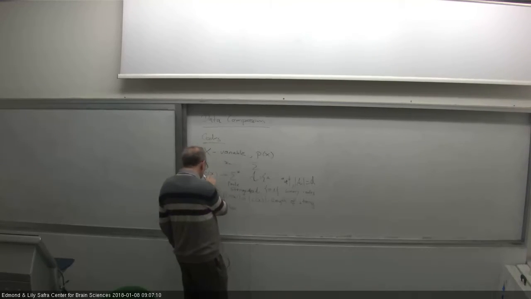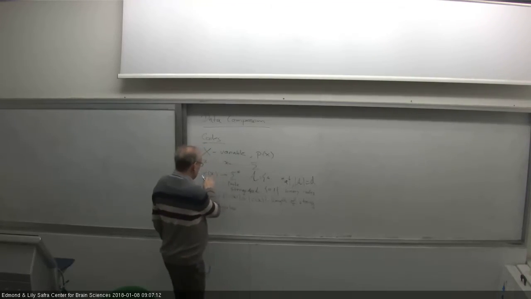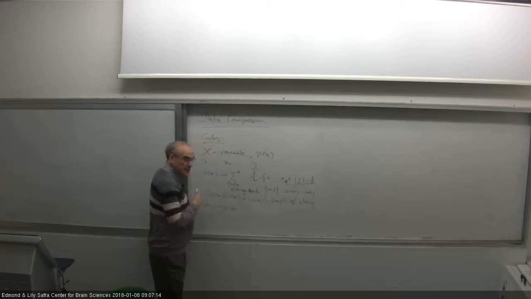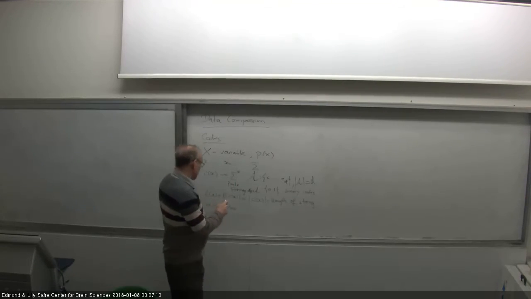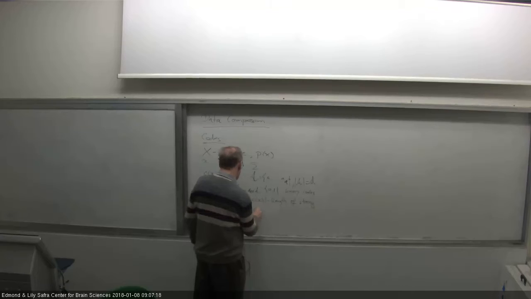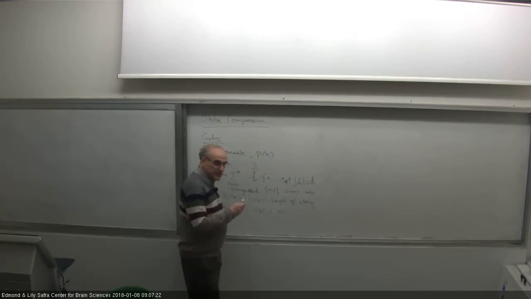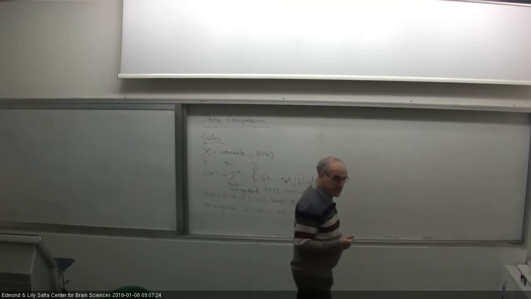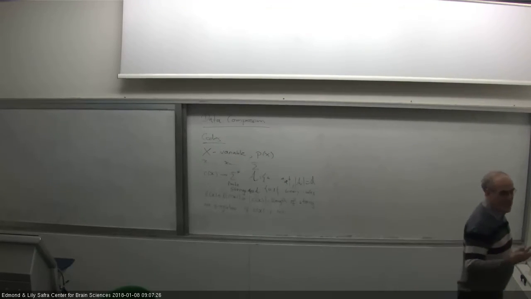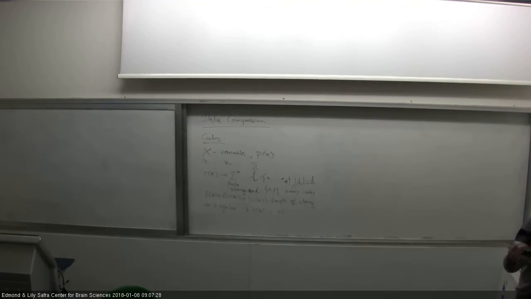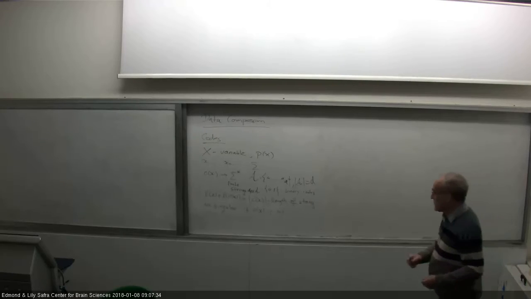It maps the values of the variable to strings. But if it's non-singular, if C(x) is one-to-one, it's also invertible. So for every object there is a unique string. Otherwise, I don't know what I'm calling. I'm immediately collapsing my code. So this is non-singular.